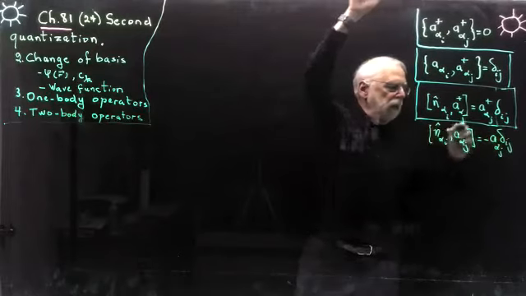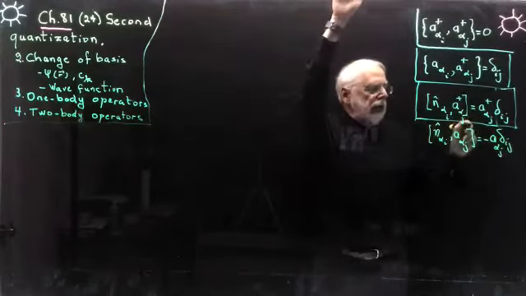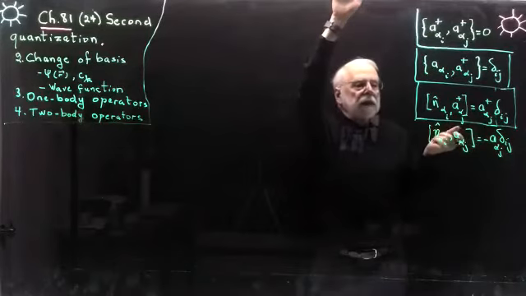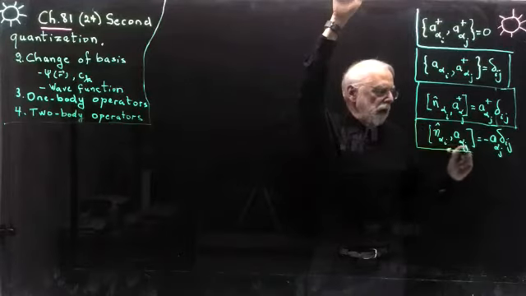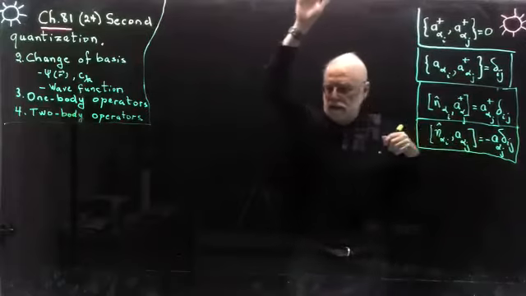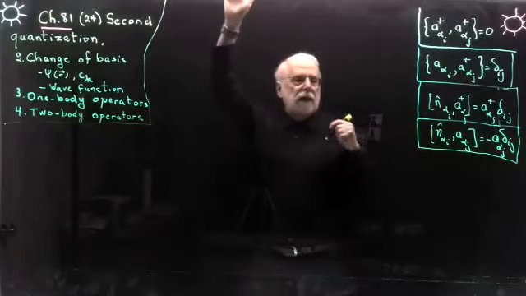Because if I take the adjoint of this, the operators switch. So I put them back in the same order, and all that changed is a minus sign. So are there any questions?